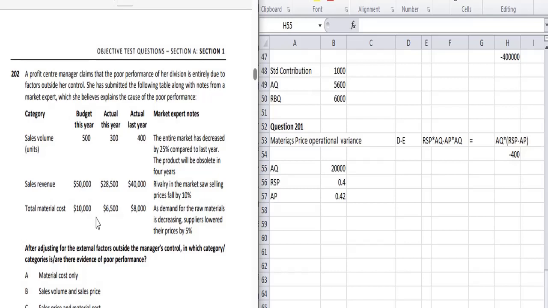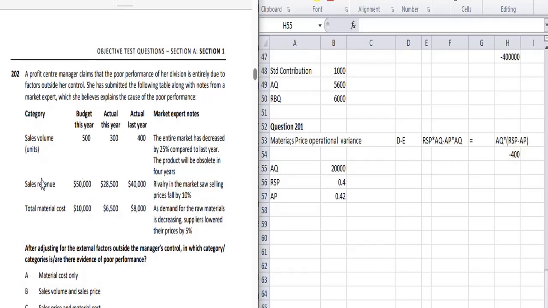Because these are external factors which are beyond the control of the manager. We will only assess the performance of the manager based on the factors which are under control. So even though we adjust for the external factor, it's a planning variance which is beyond the control of the manager, so we won't assess the performance, whether it's poor or good.